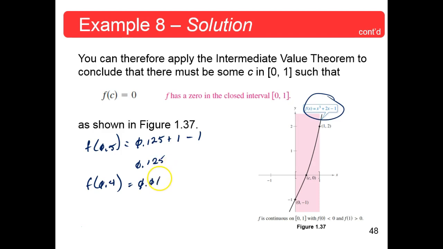Yeah, 0.064. Plus 0.8 minus 1. Well, this would add to 0.144 minus 1. So you see, now we've got a negative value. So at 0.4 it would be negative. So that'll go somewhere in between those two.